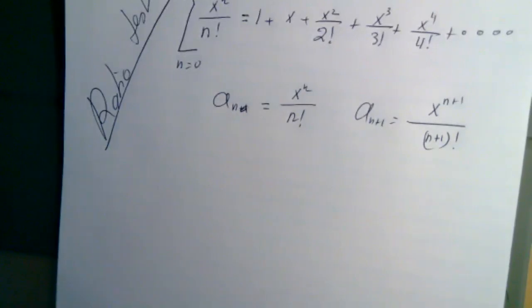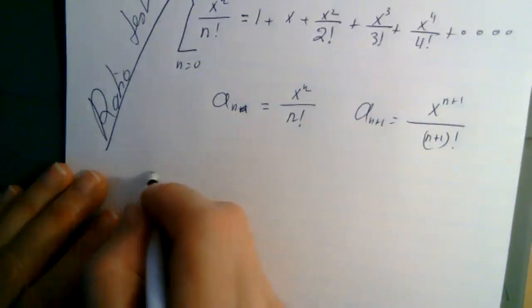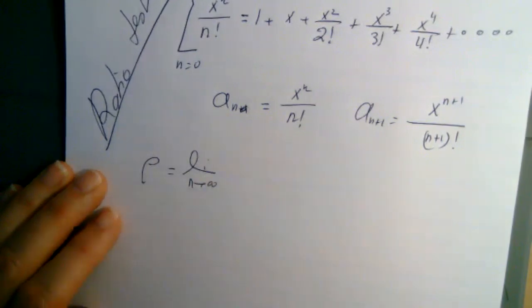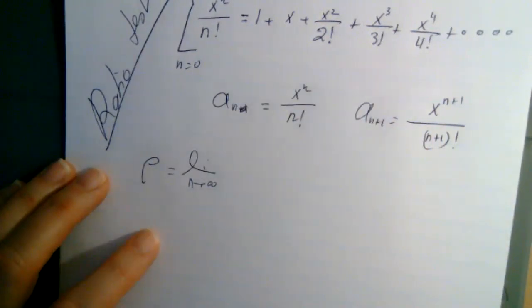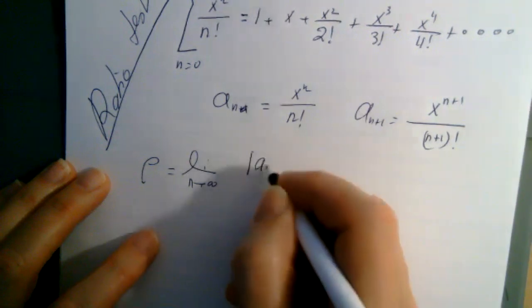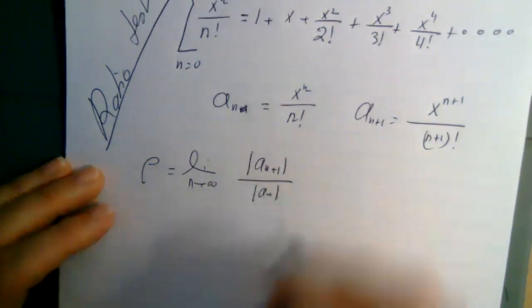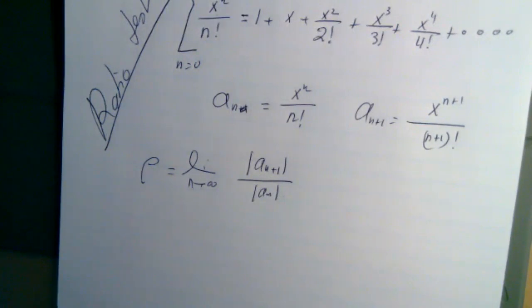I'm going to compute the ratio and see what happens. The values of x allowed are those that make the ratio less than 1. You can apply the ratio test whether the series has positive terms or negative terms, it doesn't matter, but you have to take the absolute value of the ratio. That's what the ratio test tells me.